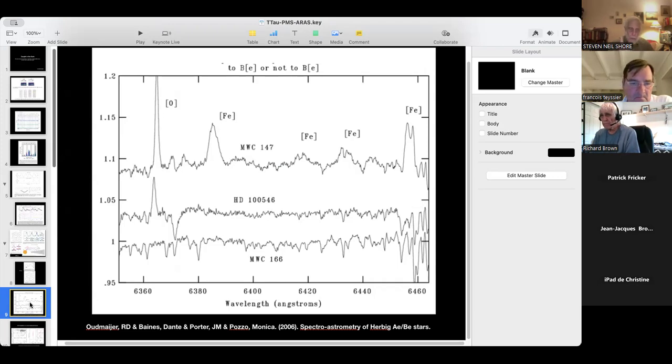So these are the ones that are going to be the precursors of, say, Vega or more massive, while the T-Tauri stars are going to be precursors of the sun.